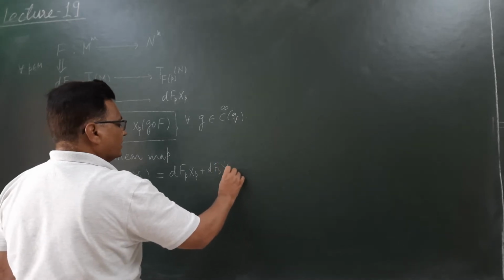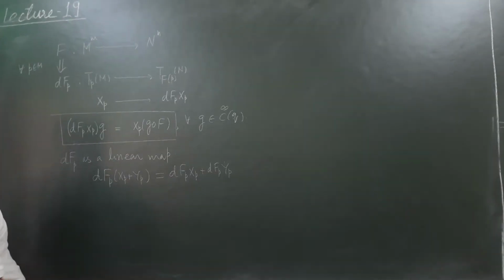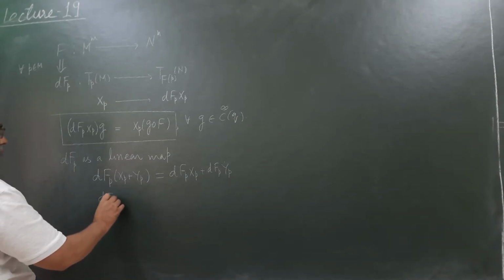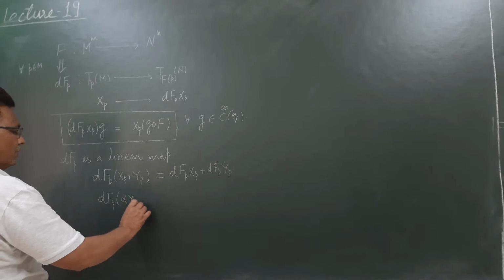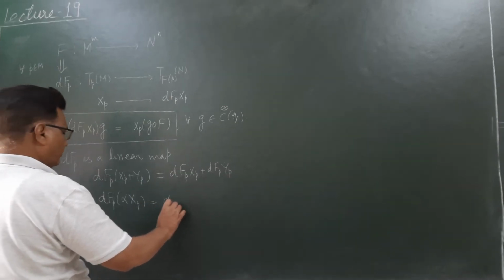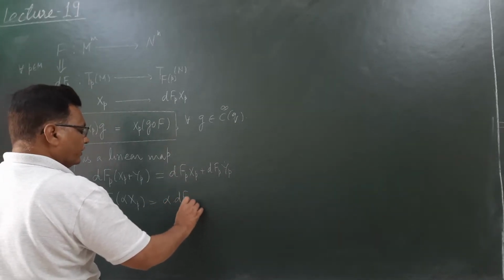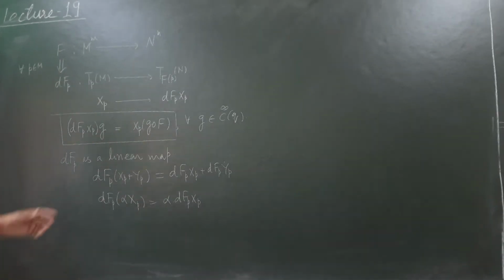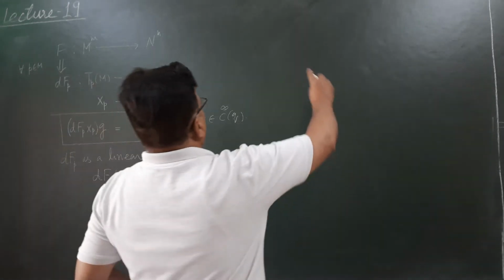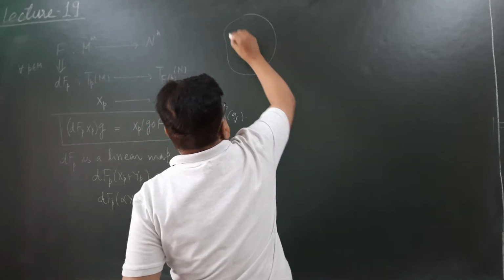This can be done easily. Similarly, one needs to verify that DF_P operating on alpha times X_P equals alpha times DF_P X_P. These are easy verifications. I leave it for the students to check. And geometrically also one can see it.